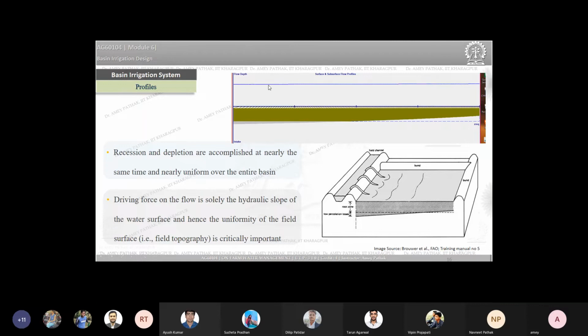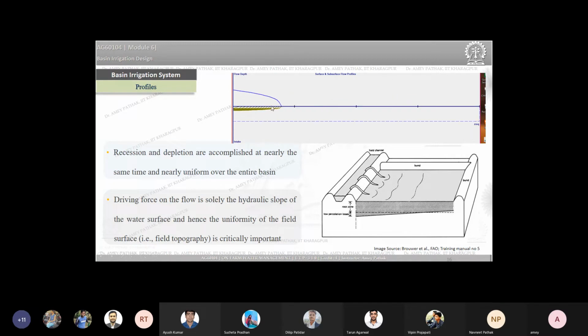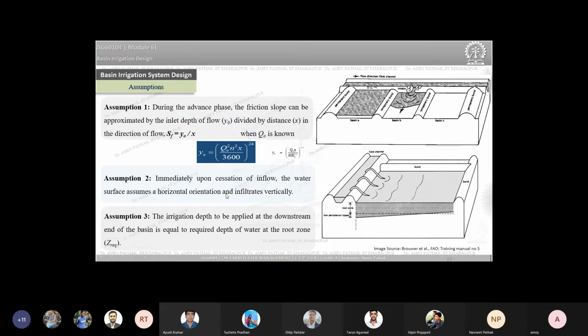So you can see the water surface is horizontal now. The orientation is horizontal and it is depleting uniformly over the entire length. So this is what vertical downward motion is happening. That is what is meant by that. Is it clear? Yes, sir.